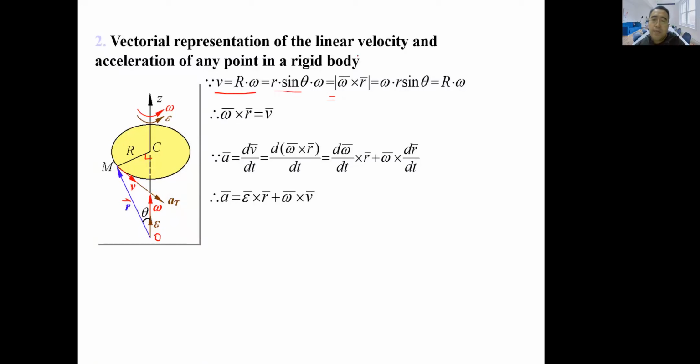Can you remember, actually, we call that omega cross product R. Its value will equal this.